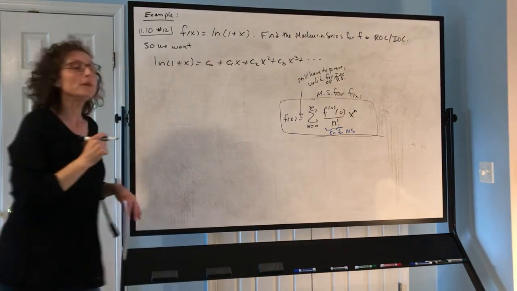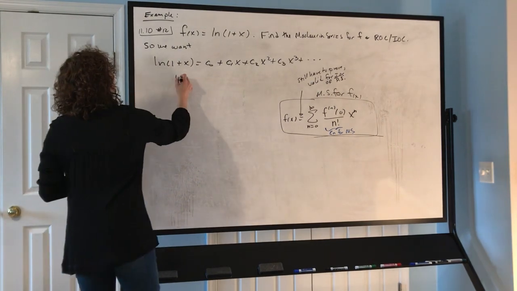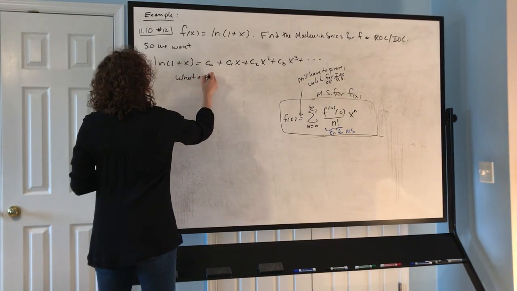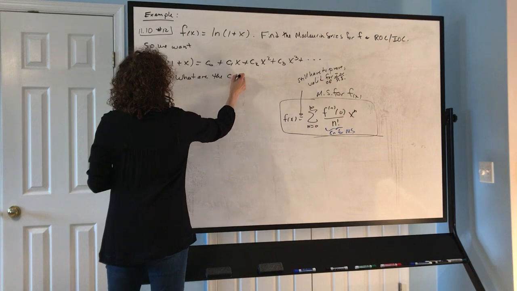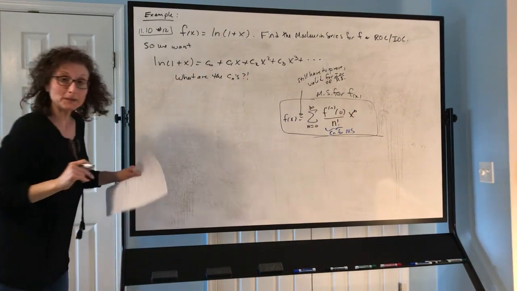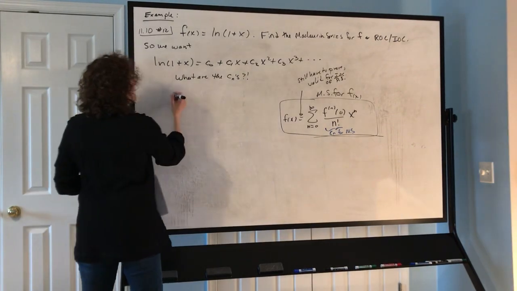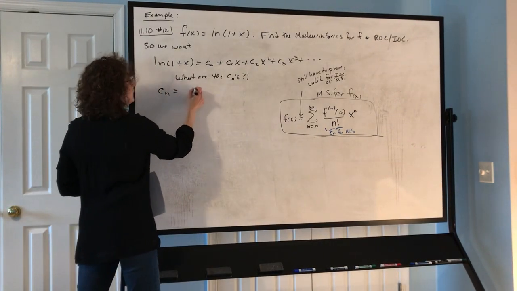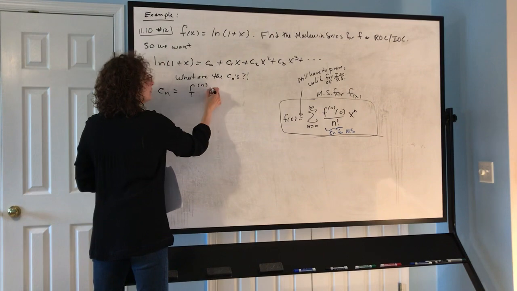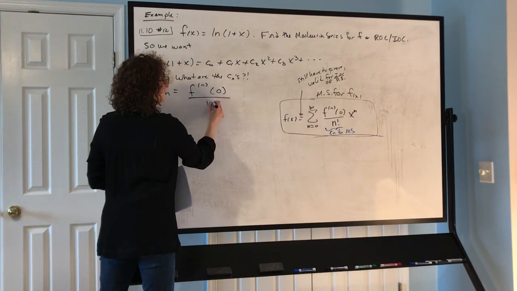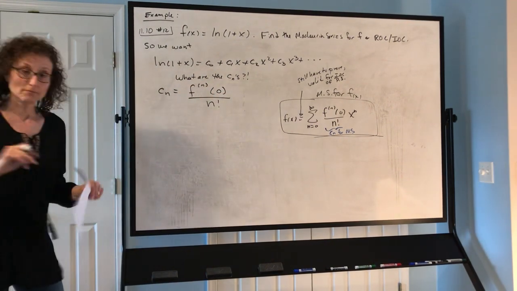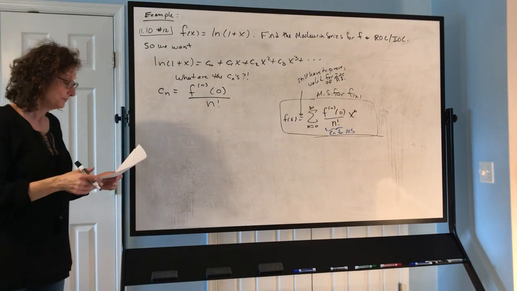And what are the coefficients? Now we know how to choose the C sub n's. They are the nth derivative evaluated at 0 divided by n factorial. That's how we choose them.